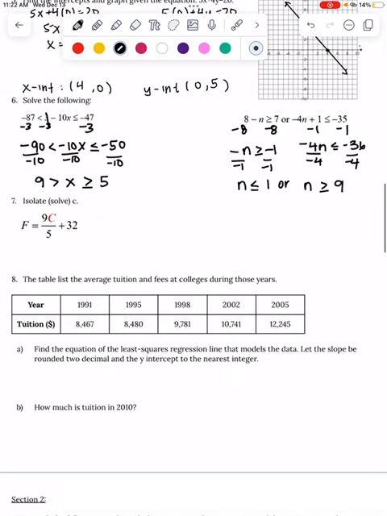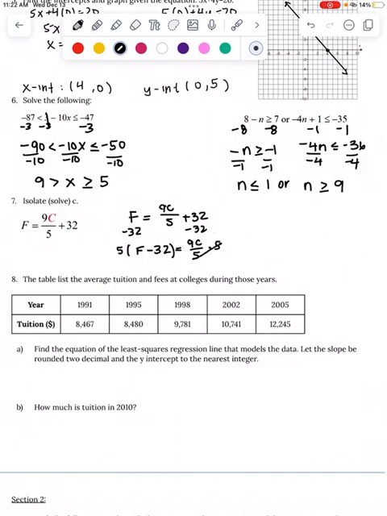All right, next one, I'm trying to solve for c, so I have f equals 9c over 5 plus 32. Always move over subtraction and addition first, so subtract 32. So I'm going to have f minus 32 equals 9c over 5. Anytime you have a fraction, multiply.